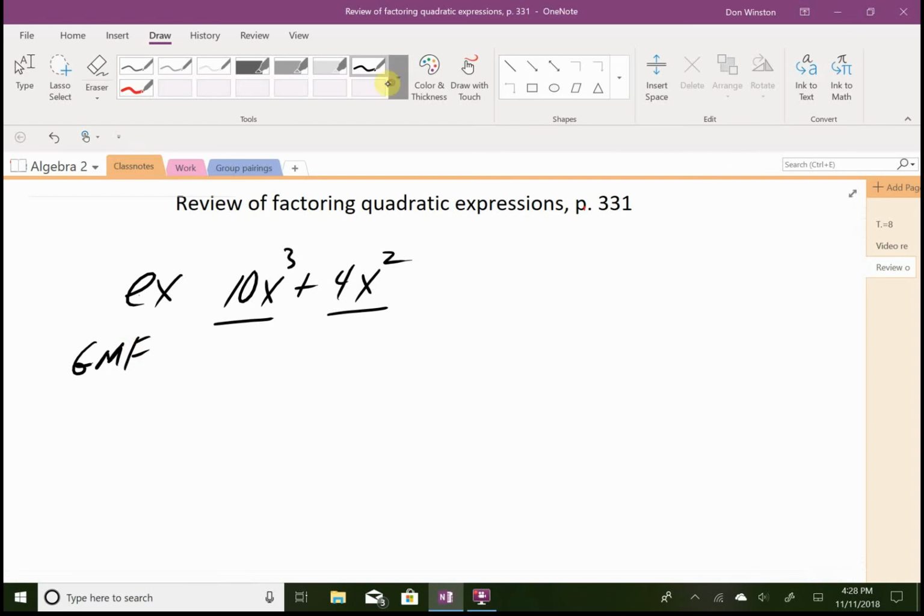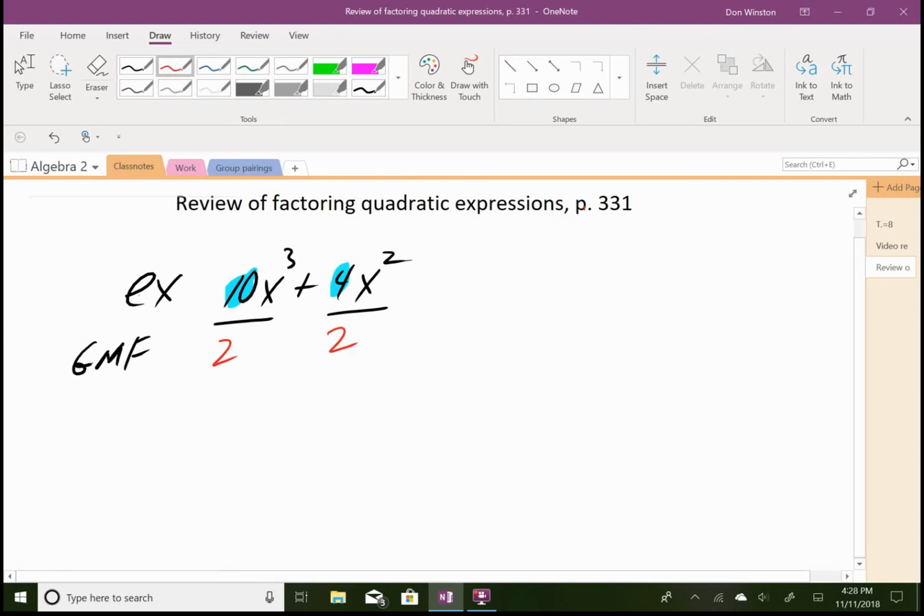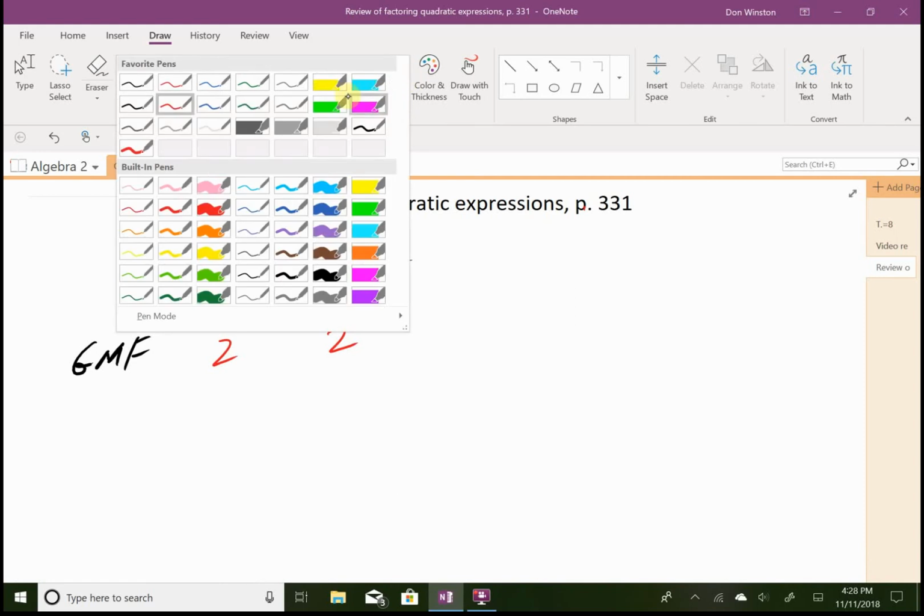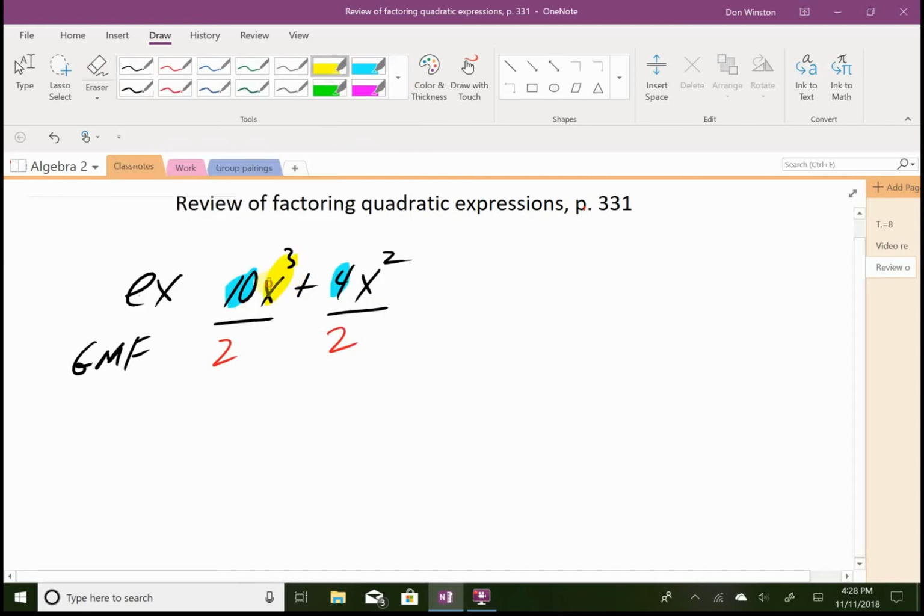The largest factor that goes into 10 and 4 is going to equal 2. 2 divides evenly into 10, 2 divides evenly into 4. And then the largest factor of x cubed and x squared, again, remember, it's always the power with the smallest exponent. So that's x squared.